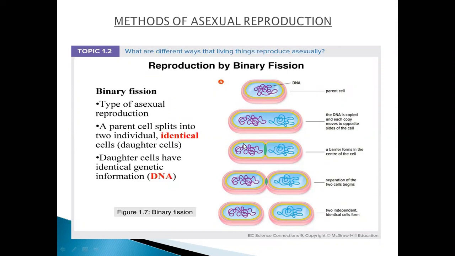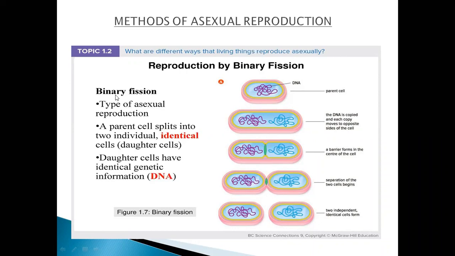Now you can see that the membrane, a barrier from the center of the cell, is getting invaginated inside here, and it is making the center of the cell. Is it happening so? Yes. Now what will happen next? The separation of the two cells will occur as this invagination gets complete. Now two independent identical cells form here.